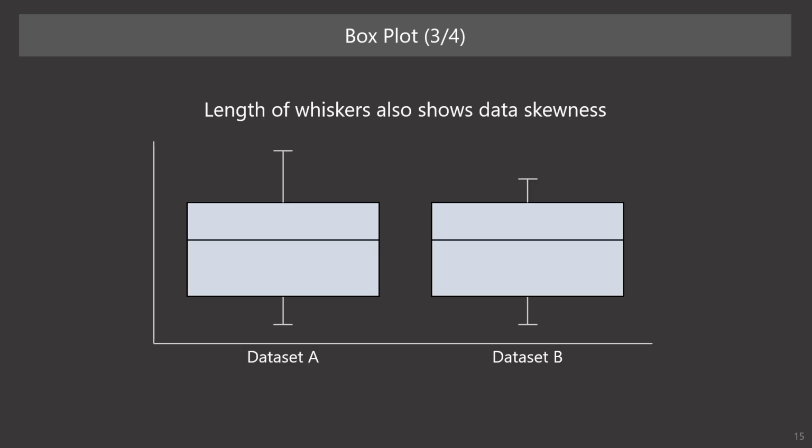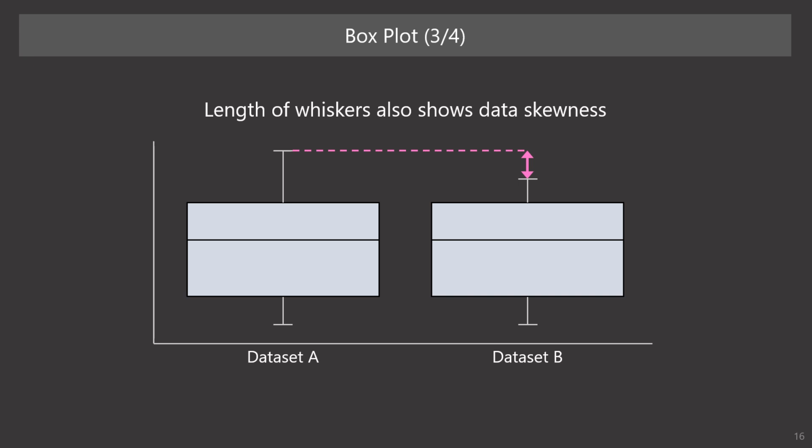The length of the whiskers also represents data skewness. Here, we have two box plots. One is for dataset A, and another is for dataset B. Suppose these two datasets have the same number of observations.